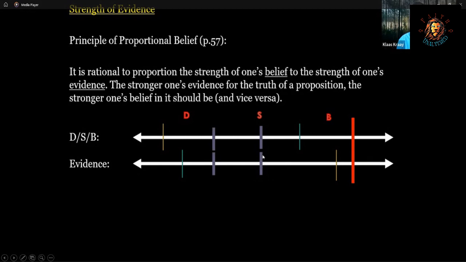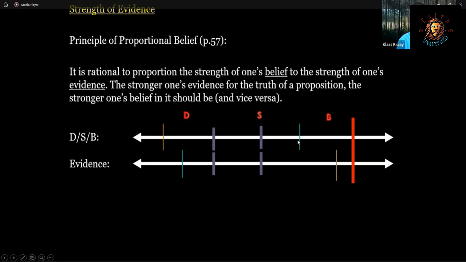So once again, here in the middle, you either have no evidence or the evidence you have on both sides is neutral. It's a tie. You can't decide whether to believe or disbelieve. And in that case, you should suspend judgment. According to the principle of proportional belief, these should match. The evidence is neutral, it's in the middle. Therefore, as the principle of proportional belief states, the rational person would suspend judgment in that case.